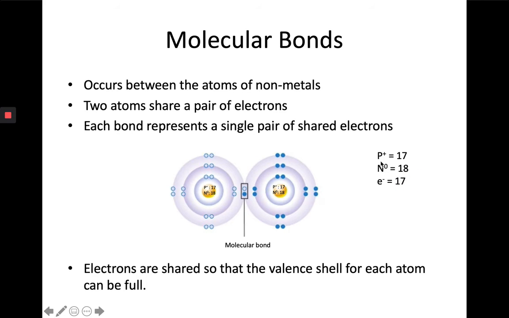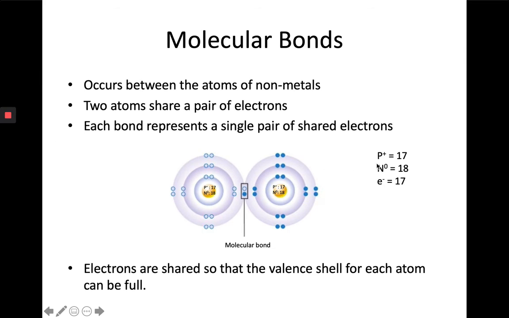We can see that we have 17 protons, 18 neutrons, and 17 electrons. If you have a look at your periodic table, the number of protons is the same as the atomic number.